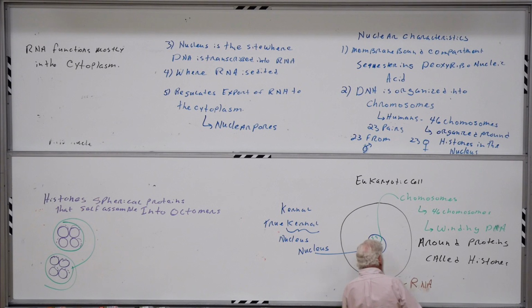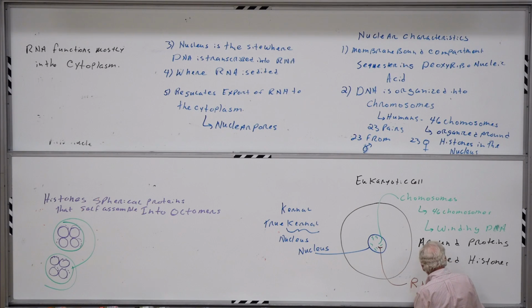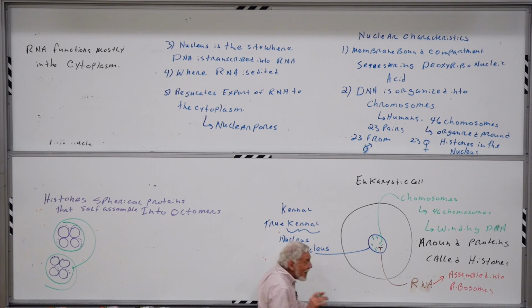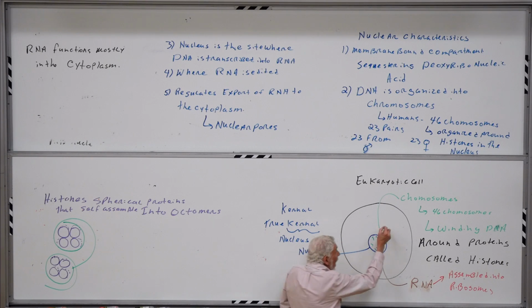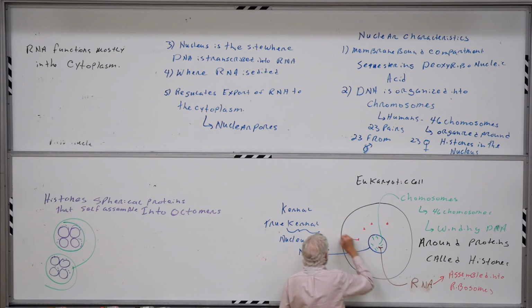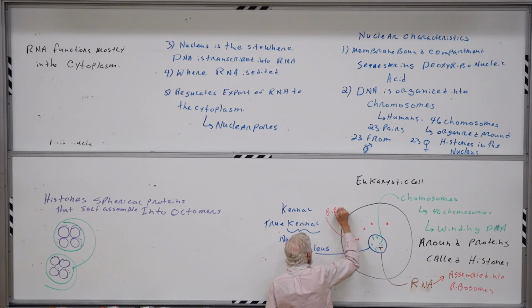And among the RNA molecules will be RNA that's assembled into ribosomes. The ribosomes are the protein synthesis factories, but they work out here in the cytoplasm. So these are ribosomes.